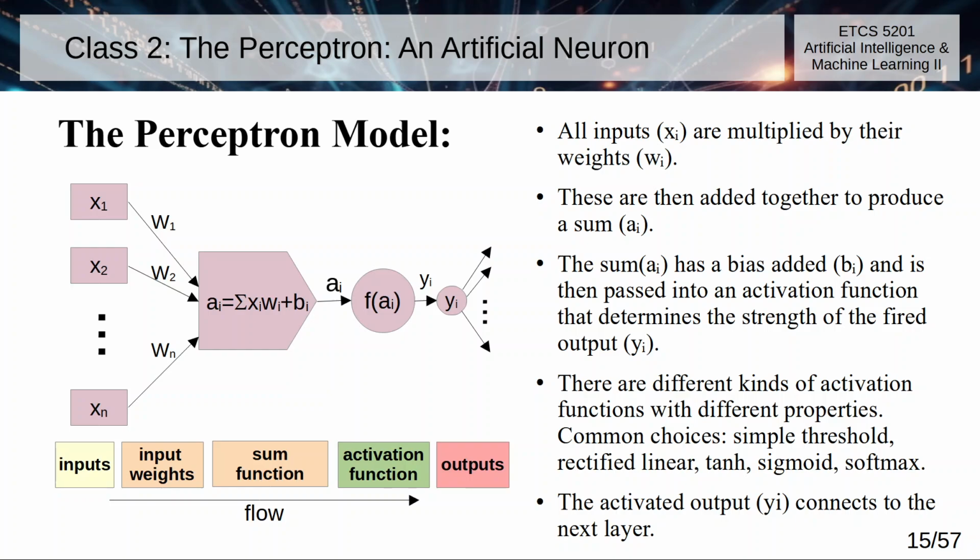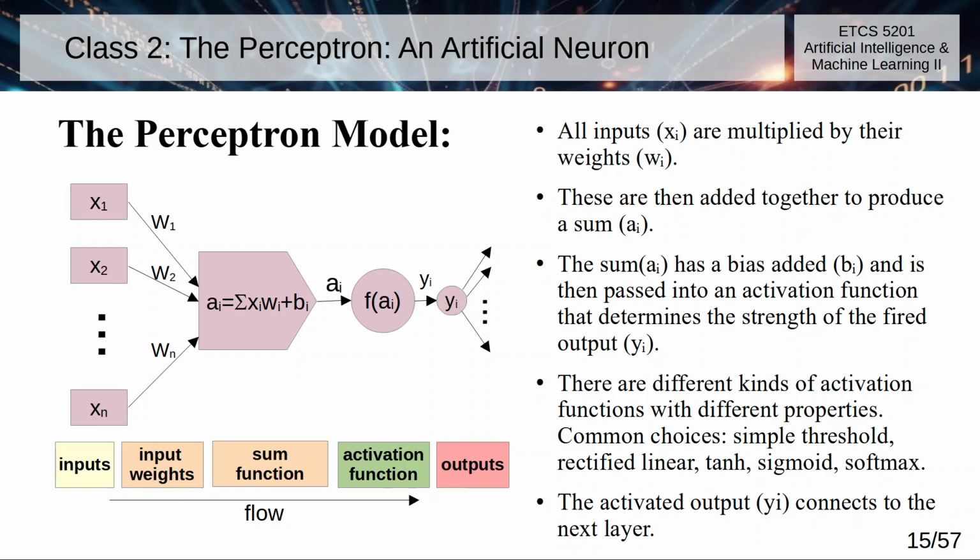Now, different activation functions produce different results or have different properties. And there are some common choices like just a simple threshold, a thing called ReLU, rectified linear is ReLU, hyperbolic tangent, sigmoid, softmax. We'll look at those later in the semester. But different functions have different properties.